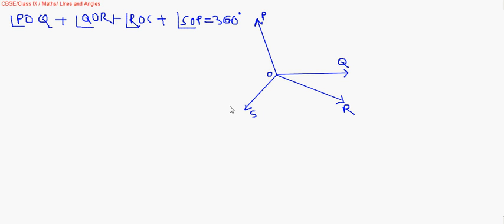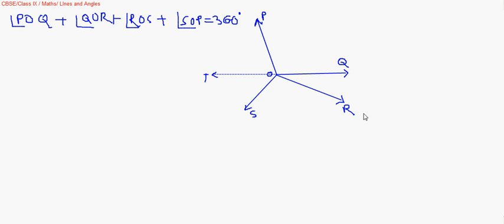Now let us assume that this is a straight line, and there I need to name it as PQRST. In such a case, TOP plus POQ will be 180 degrees, because they are a linear pair.